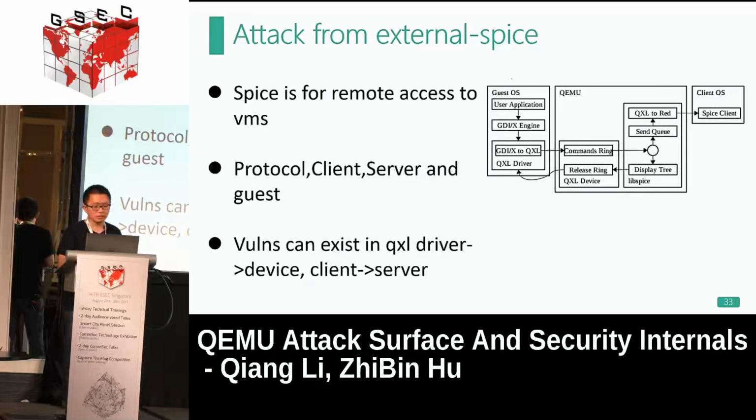For example, in the virtual machine there is the QXL driver and the devices, and they connect to the server. This data exchange can have vulnerabilities if the sanity check is not enough.